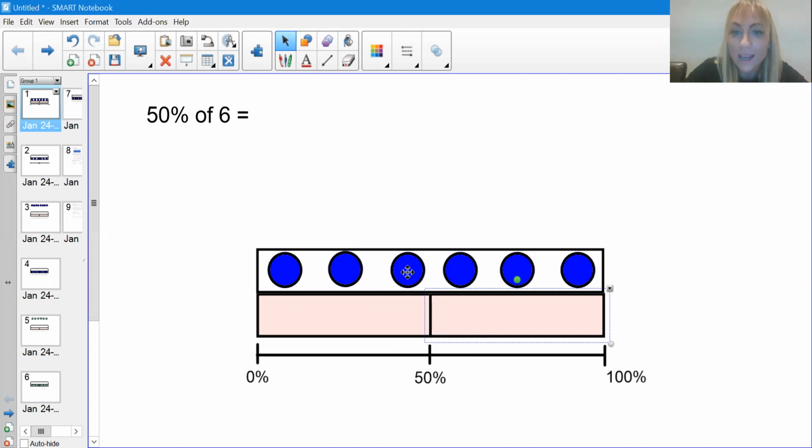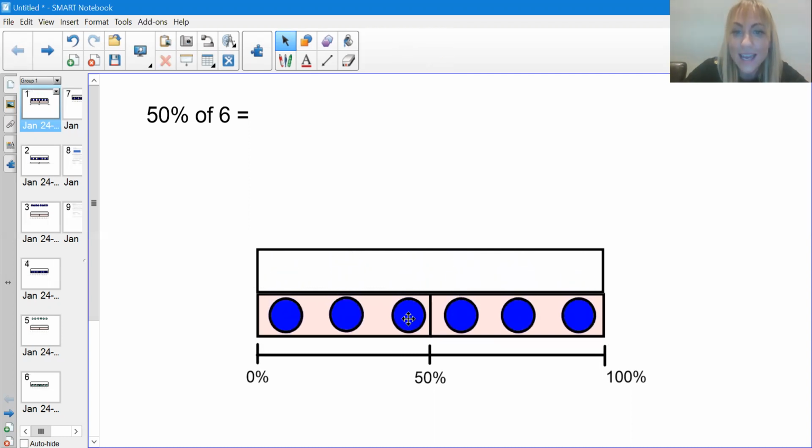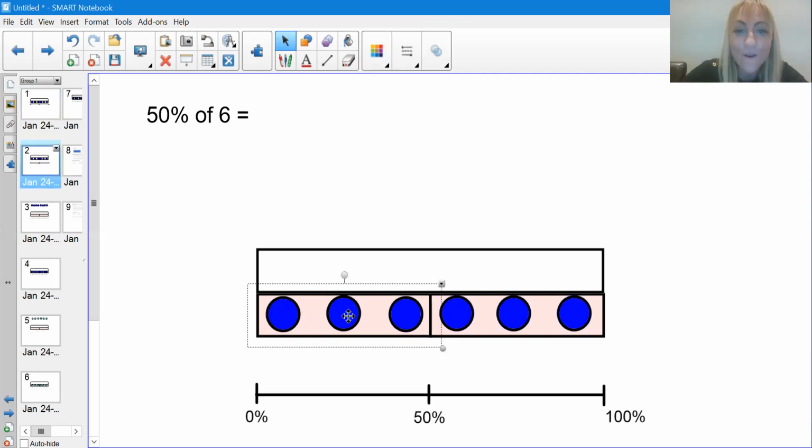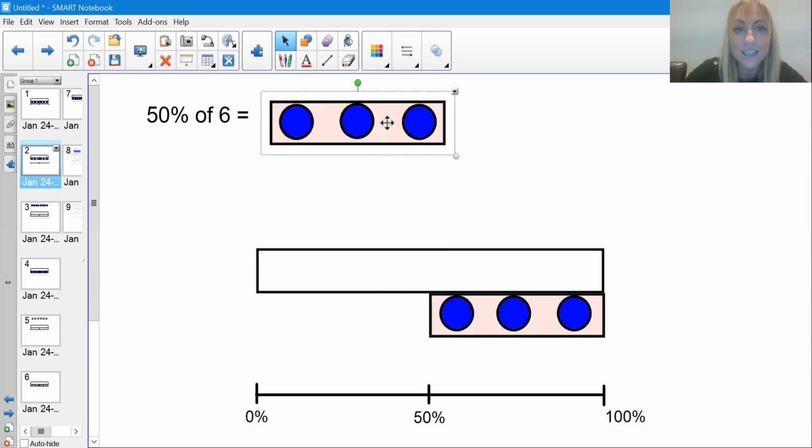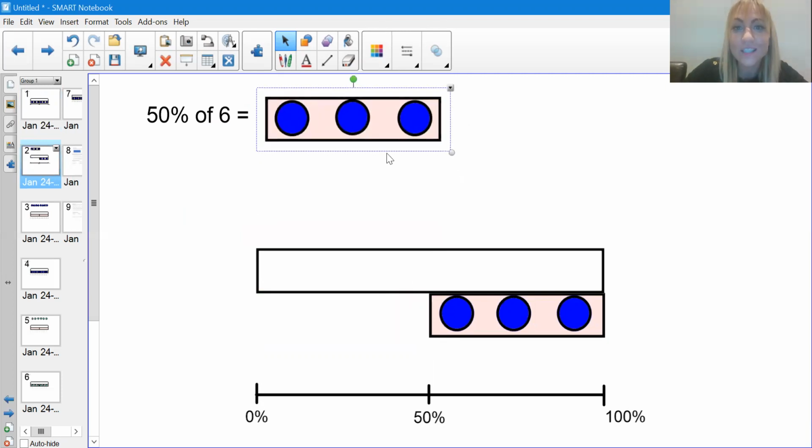Now, if I pull my counters down, you can see that I've got 3 counters in this section and 3 counters in this section. I've halved the amount of counters that I have to find 50%. So 50% is this bit here, and 50% of 6 has given me 3, because half of 6 is 3.